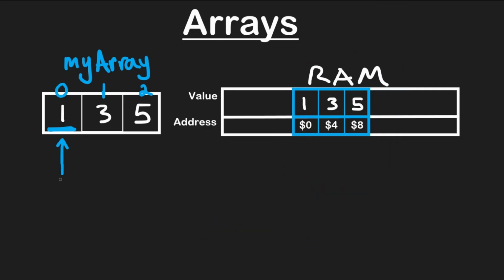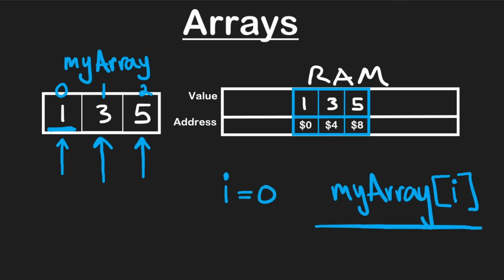Now, after we read our first value, next we want to read the second value and the third value and keep doing that until we get to the end of the array. That's pretty easy. We know that the first index we start at is, let's say, 0. I'm going to call it i. In code, we would typically say myArray at index i to read the value.